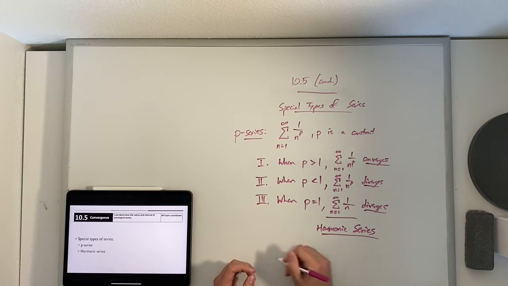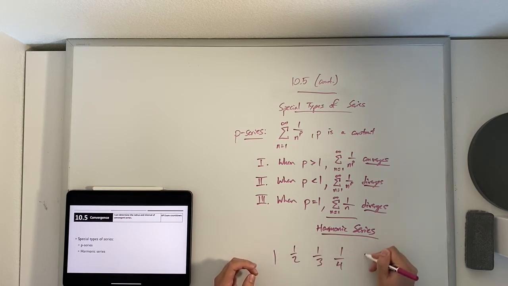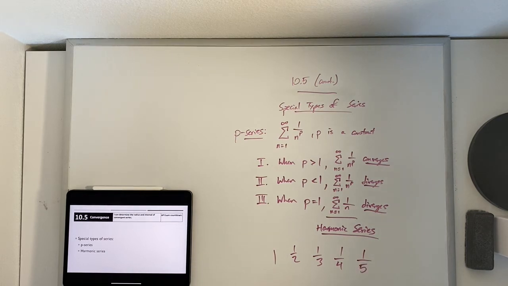And so you end up with numbers like this. And since p equals 1, if we were to write out this series, we would have 1 over 1 plus 1 over 2 plus 1 over 3, and so on. So we see the same numbers that show up in our harmonics in music, okay, which is why we've named this series the harmonic series.